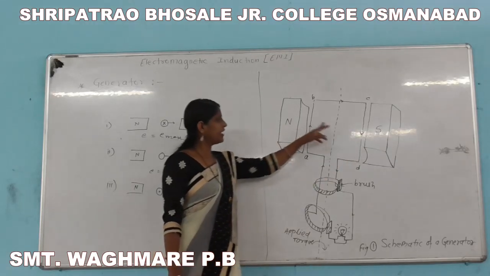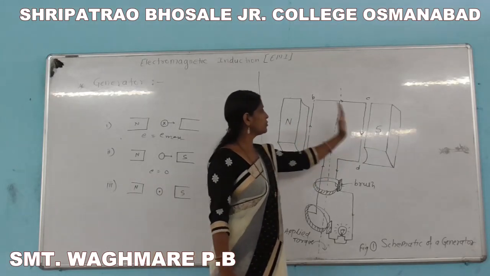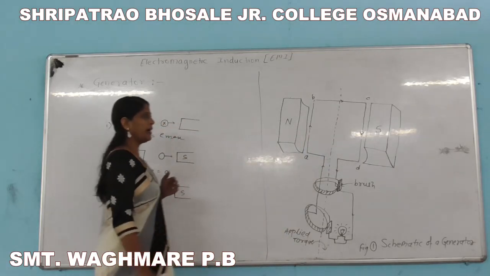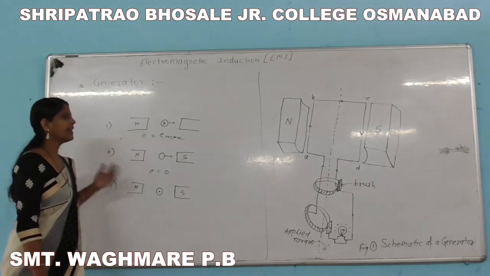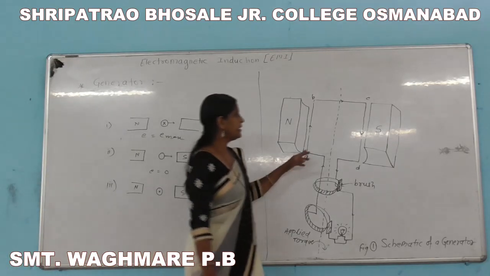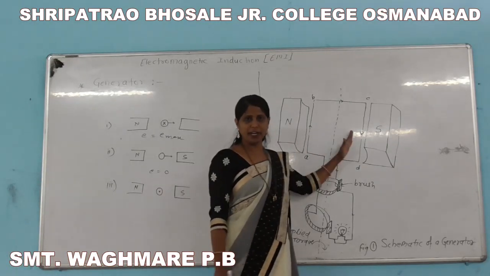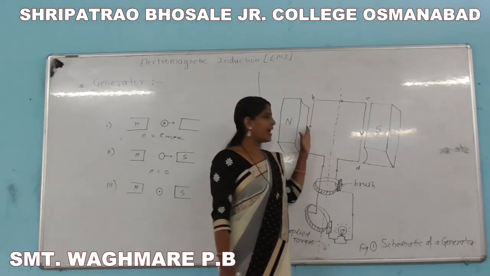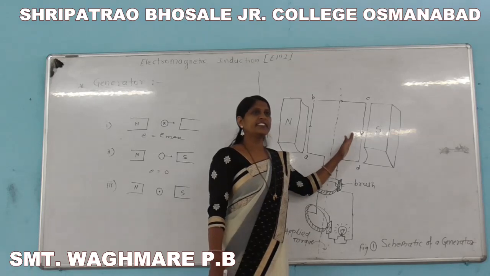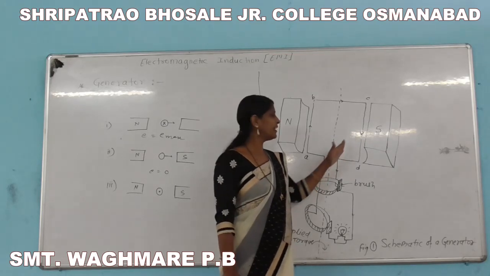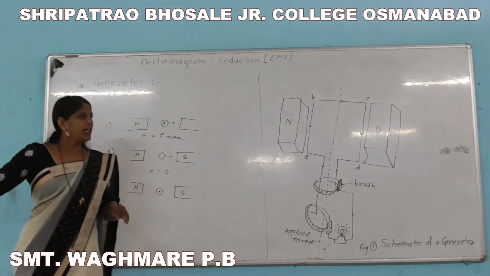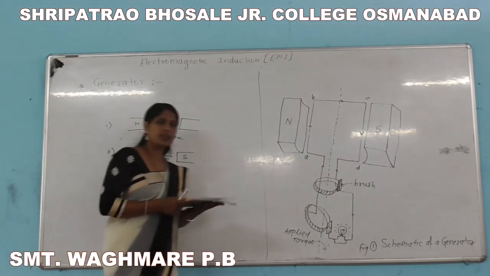Here this is the inward direction, and when this side goes to this side, it becomes the outward direction, and therefore at each and every half rotation, when the side changes, the direction of current also changes. I will again explain this.